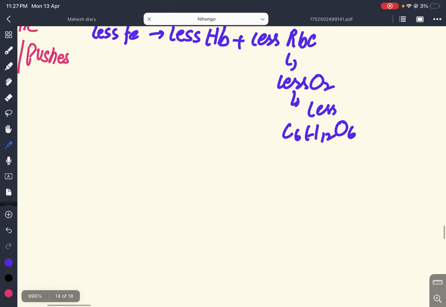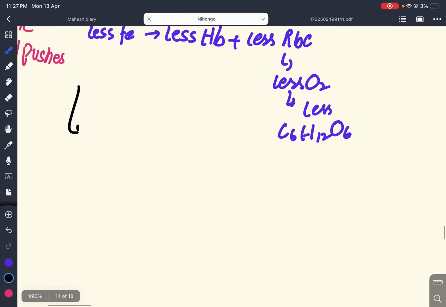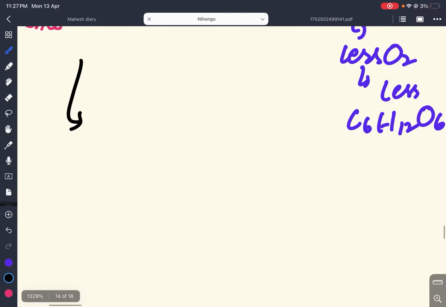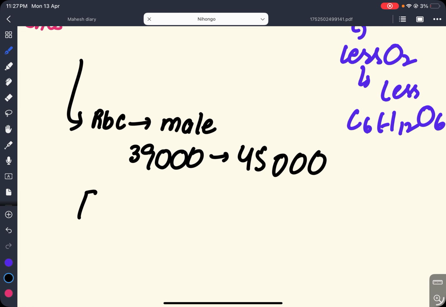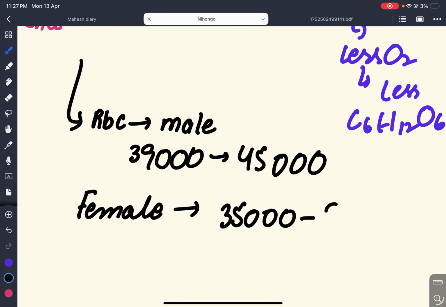ठीक है, a very short thing that I think I should add, which is the count of RBCs in the male is around 39,000 to 45,000, while when we talk about female, the count is a bit short, which is 35,000 to 39,000.